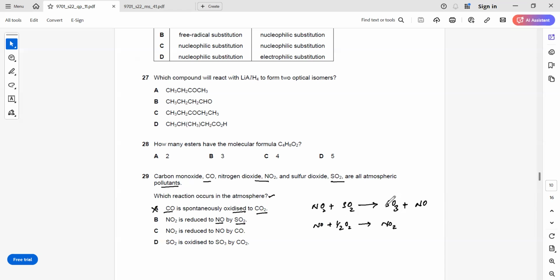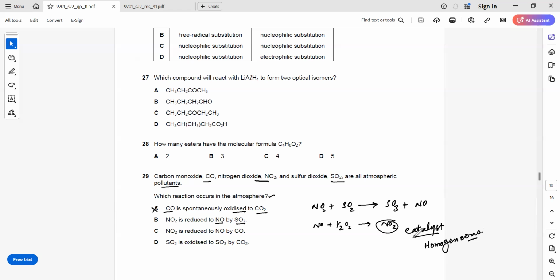So that means in this reaction, NO2 is acting as a catalyst. And this is also known as homogeneous catalysis.